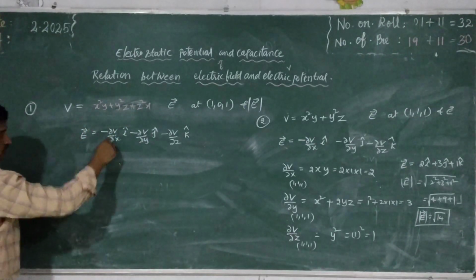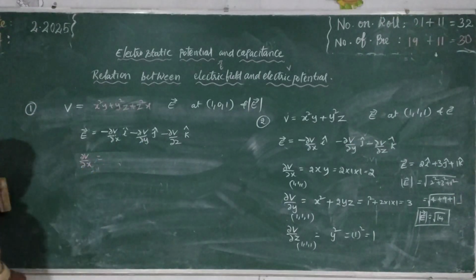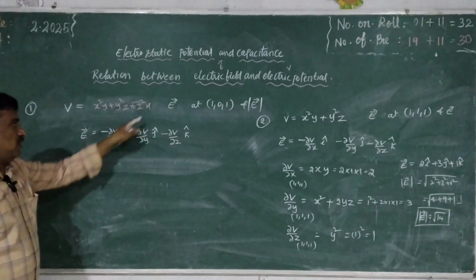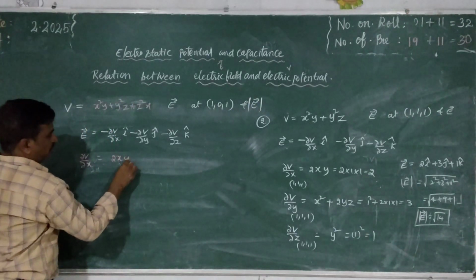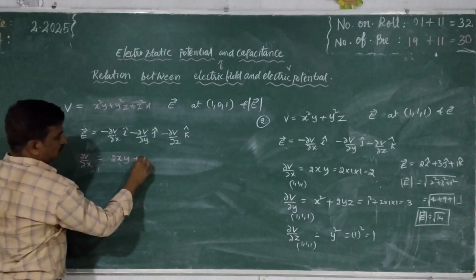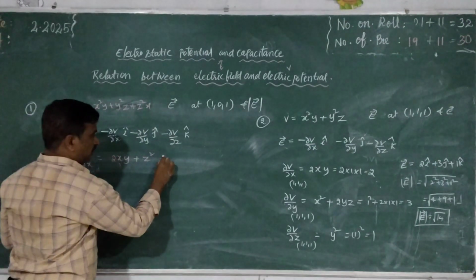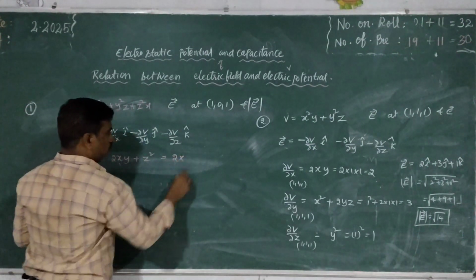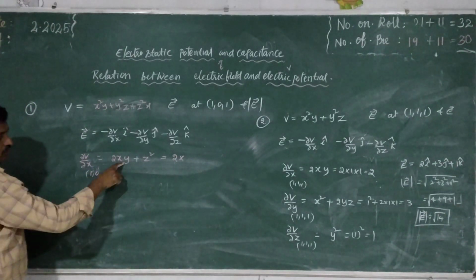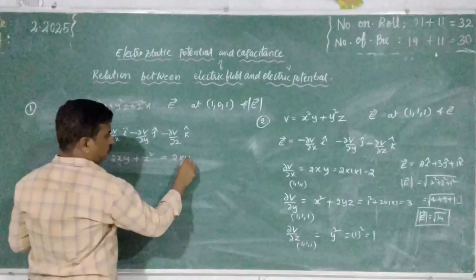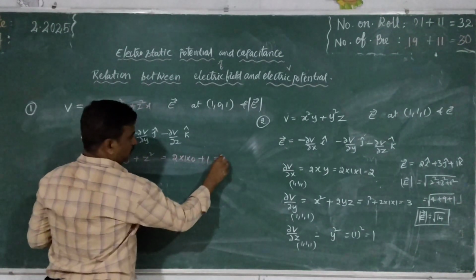First we write dou V by dou x. Here x is there in the first term, and in the last term. Differentiating x square gives 2xy, plus in the last term z square only, since the differentiation of x is 1. Substituting the point 1 comma 0 comma 1, y value 0, so the first term is totally 0, and z value 1, so we get 1.